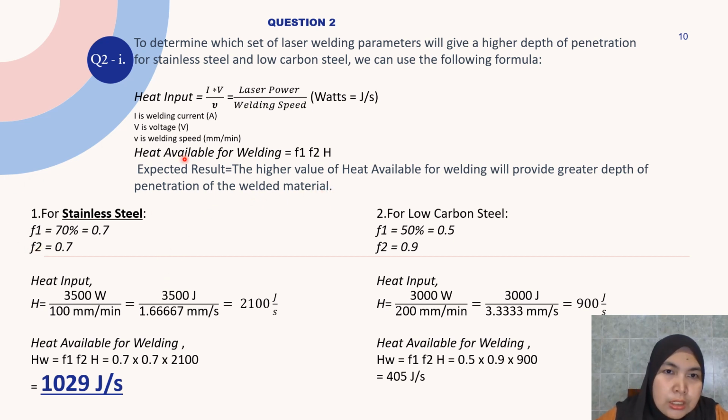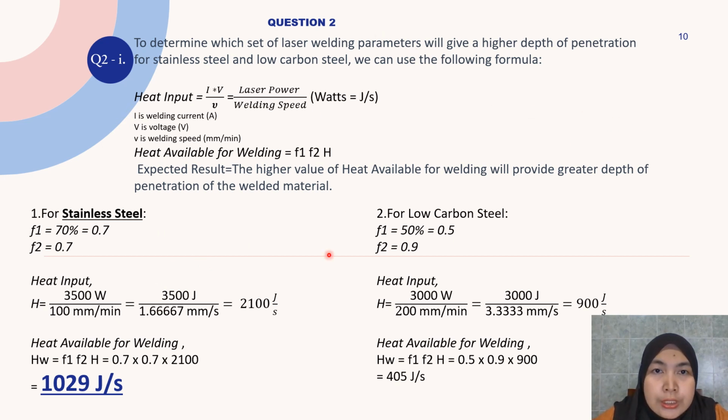So for the first material, stainless steel, the heat available for welding is much higher compared to low carbon steel. It shows 1029 joule per second, and for low carbon steel it is 405 joule per second.